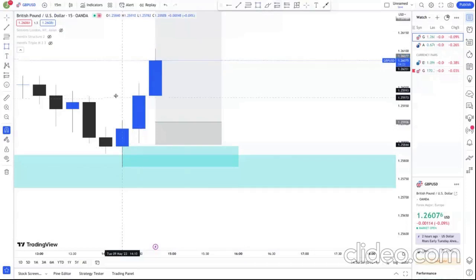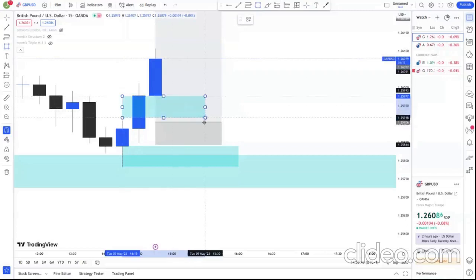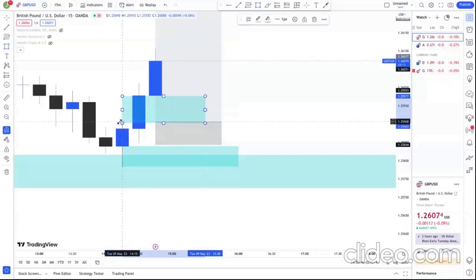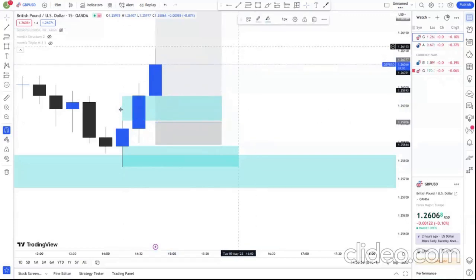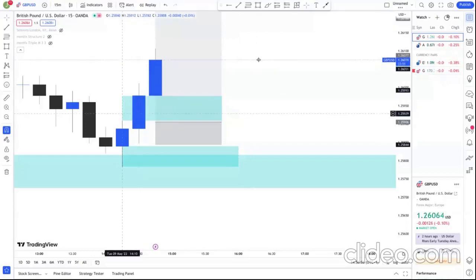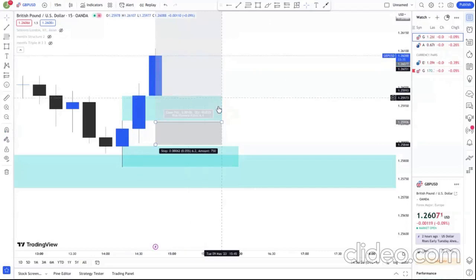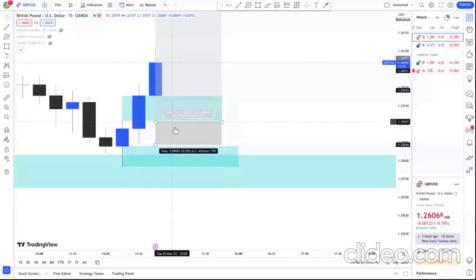It left out an imbalance here, FVG. So yeah, left out an imbalance here, and I'll wait for retracement back to fill that imbalance and tap me in, then see price move upwards.